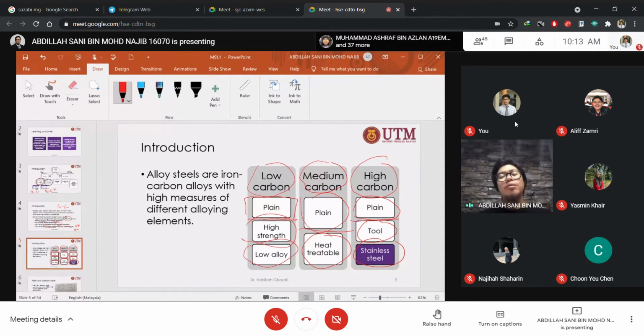So today, briefly, we will have a look at all these groups, all these categories of steel.